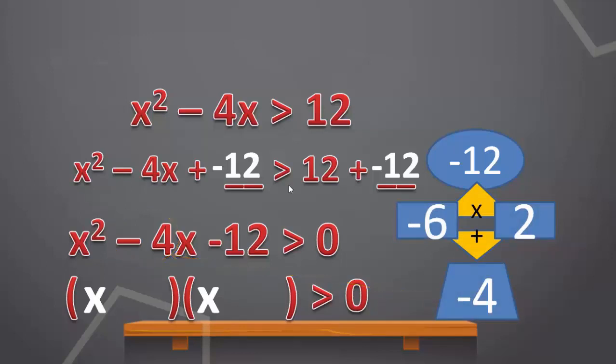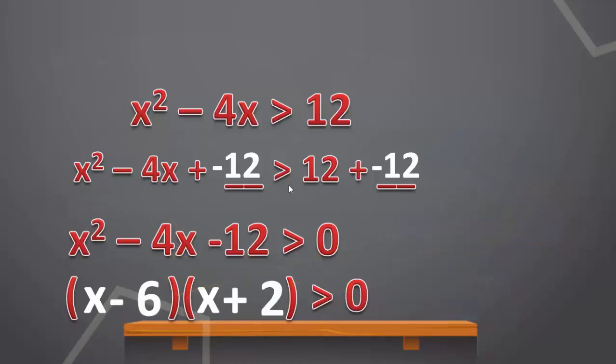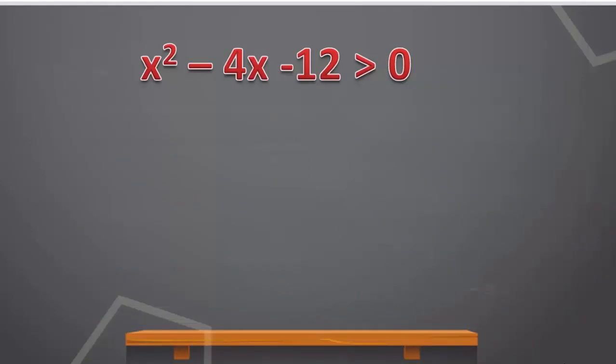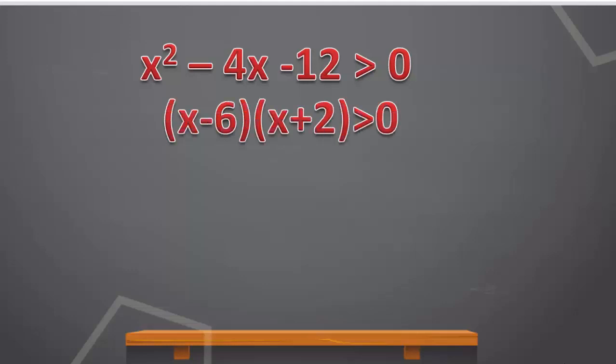And that is negative 6 and positive 2. The factors of x squared minus 4x minus 12 are x minus 6 and x plus 2. So we have x minus 6 times x plus 2 is greater than 0.